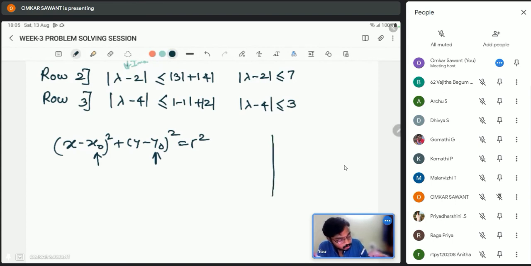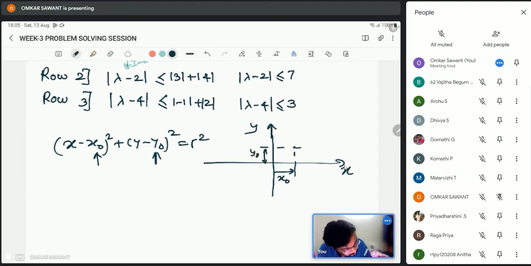So when we plot on the xy plane, say this is some x0 and this is some y0, and we have some radius r. These are its center coordinates.